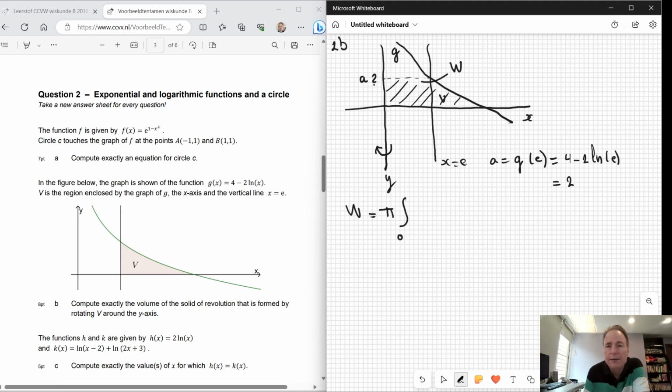So a here is 2. So the upper limit of the integral will be 2. And then we need to have the inverse function squared. So let's call that x squared. But x is in this case a function of y. And then you integrate over all the y's.